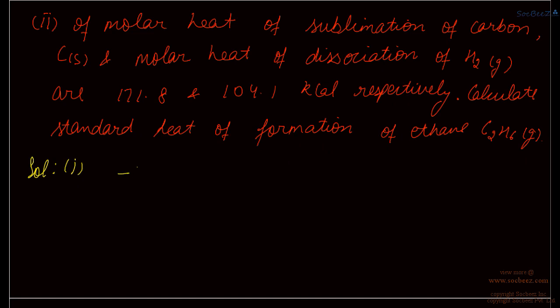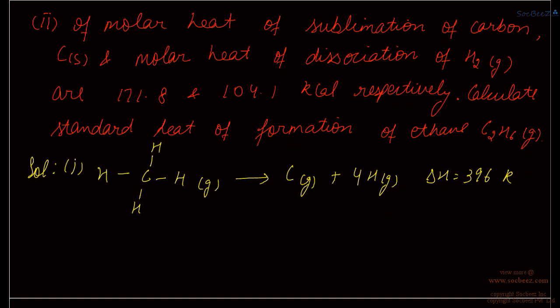Now it's given that if we write methane in this form, when it undergoes dissociation as C plus 4H gas, then delta H equals 396 kilocalorie, right? So therefore 4 into bond energy of C-H equals 396 kilocalorie, because heat of formation of carbon and hydrogen both are 0.